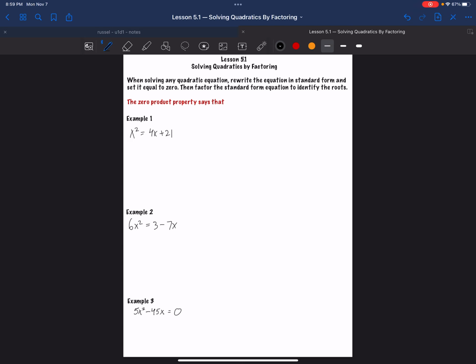On this first lesson, day 1, we're going to be looking at solving by factoring, mainly because we've been focusing on factoring as an important skill, and a lot of quadratics can be solved through factoring. Maybe not some of the real-world application ones, but a lot of perfect quadratics can, and that's really nice.